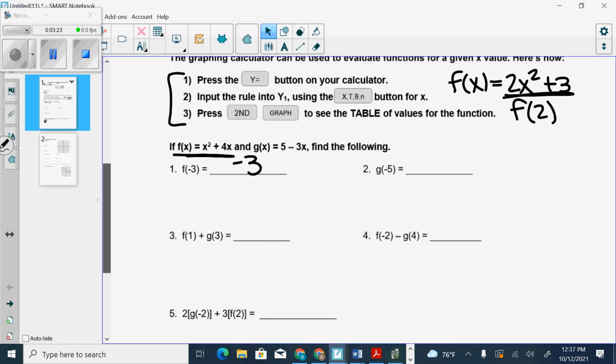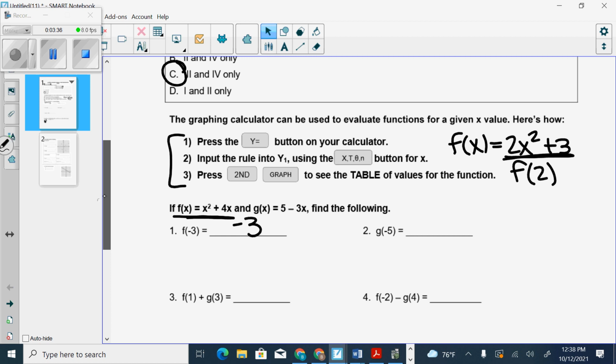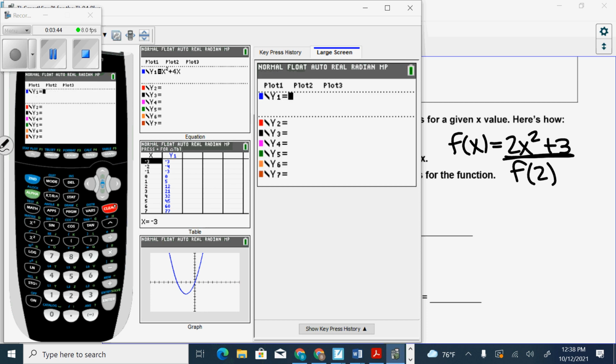Then I look at number 2. Is number 2 going to be using the same function? No, because they said g. So I need to go back up here and type this in my y1. Pull up my calculator, go to y equals, clear out that equation, and type in our g of x rule.